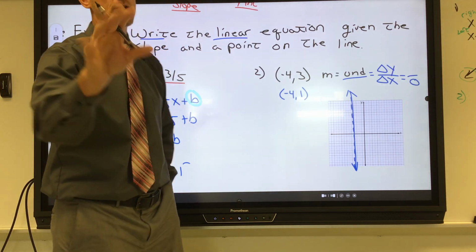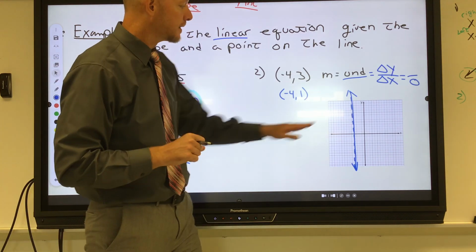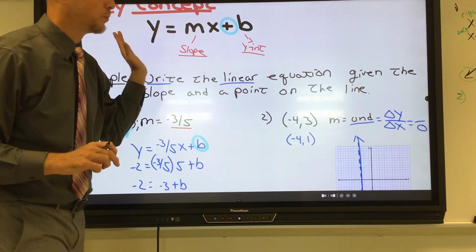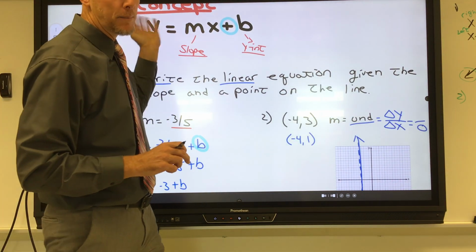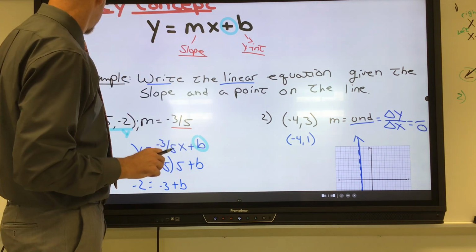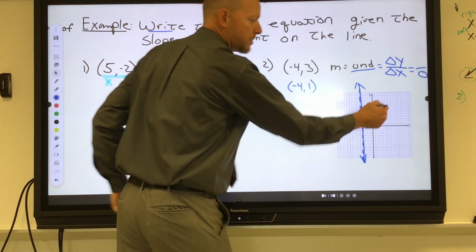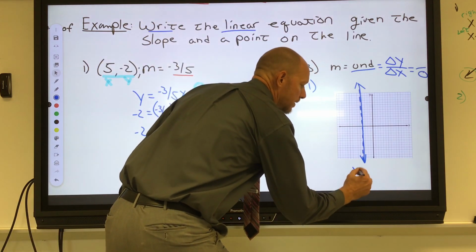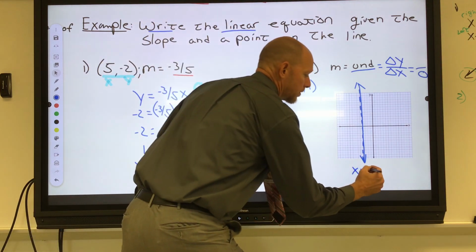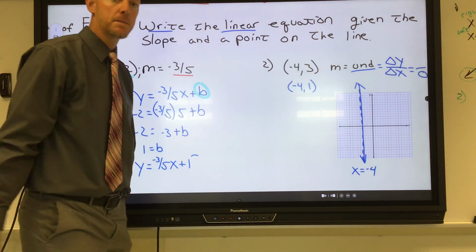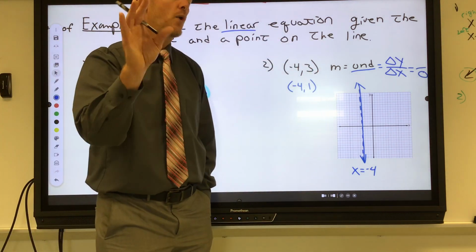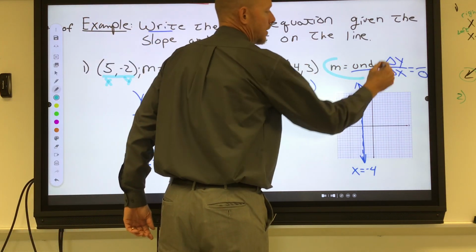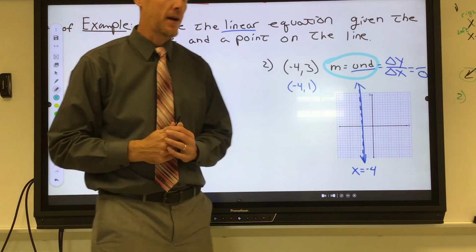This is a really unique situation because technically it's not going to look like our slope-intercept form. We're not going to have a y and a number times x plus b, because in this case there is no y-intercept. So this special scenario has the equation x equals negative 4. That is the one really unique situation, and it will happen whenever our slope is undefined.